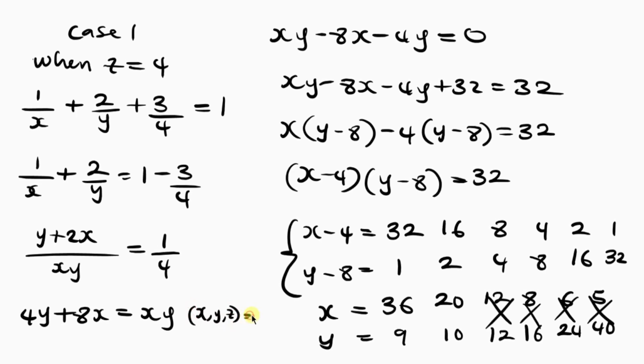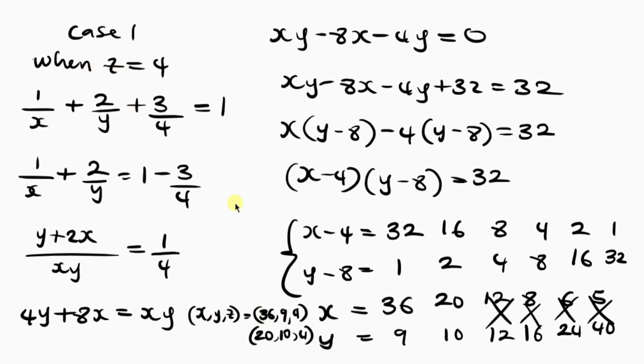Let's just manage a space. For the first one, when x is 36, y is 9, and remember our z is 4. Our second one is when x is 20, y is 10, and remember our z is 4. So these are two pairs of solution that we have from this first case.